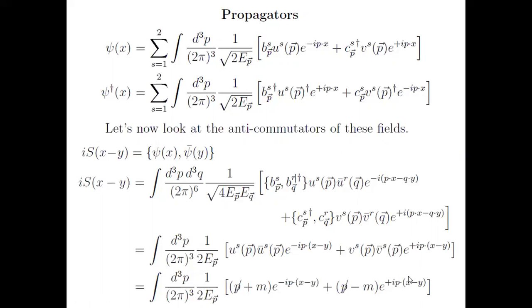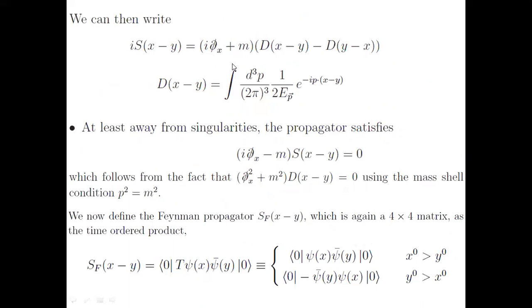iS(x minus y) is simply a quantity which, if we act on it with the (i del-slash_x plus m) operator on the D(x minus y) minus D(y minus x) term, where D(x minus y) is the propagator that we introduced earlier, we get back the iS(x minus y) term.